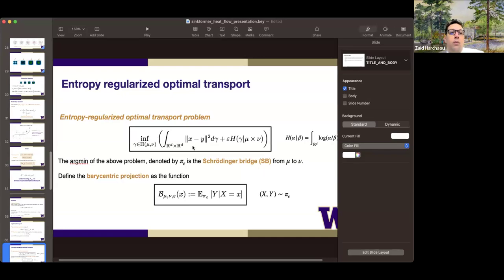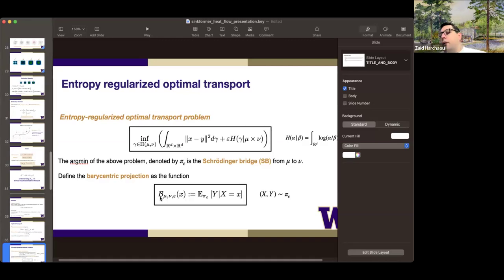And so when we solve this optimal transport problem, which allows us to map mu onto nu, what we're taking is x that is drawn from mu and y that is drawn from nu. And the coupling between the two can be represented by this functional that is called the barycentric projection.